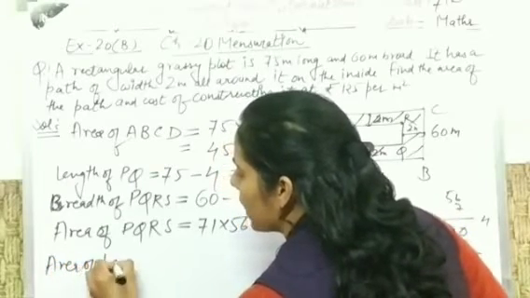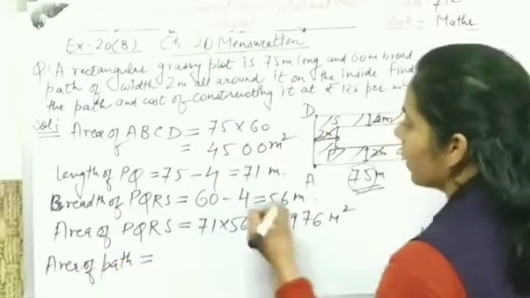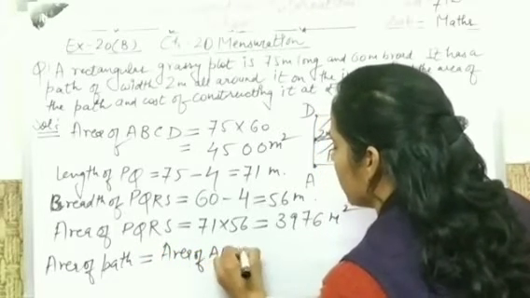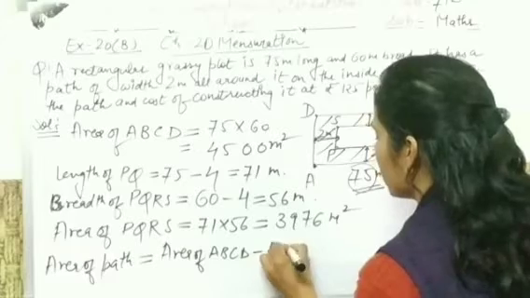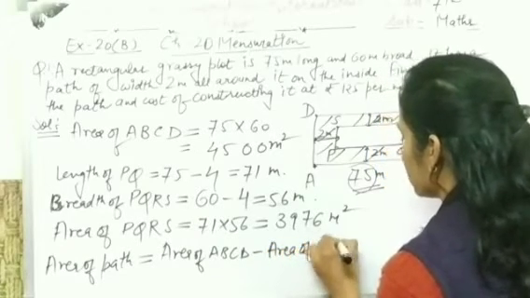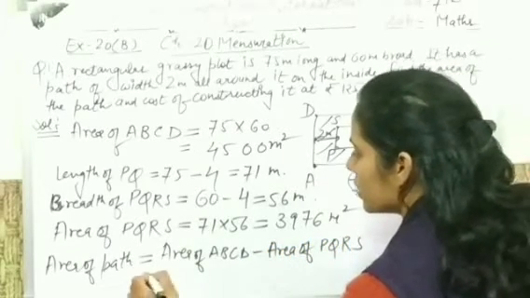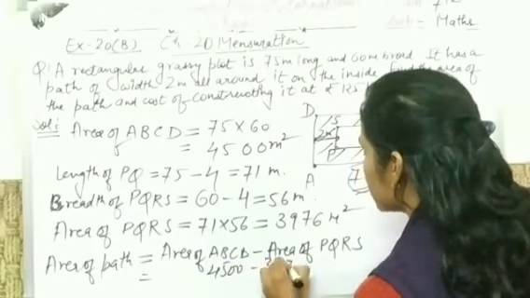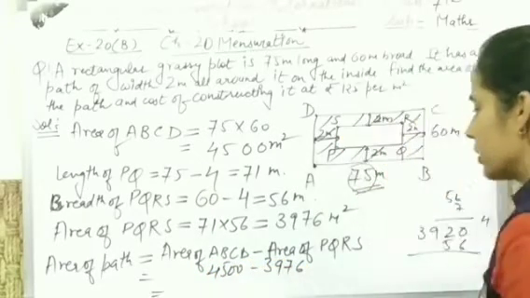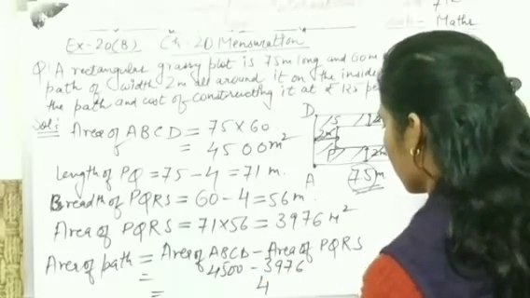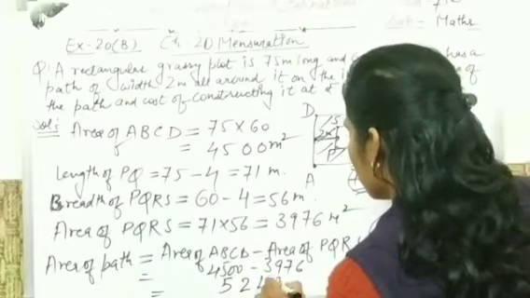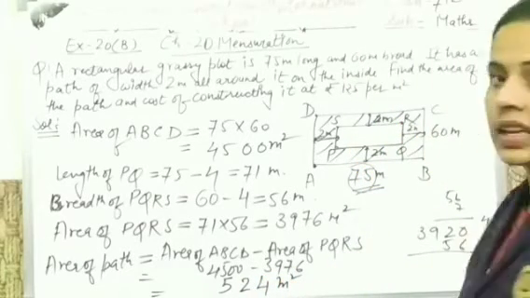So area of path is equal to area of ABCD minus area of PQRS. When we subtract 3,976 from 4,500, we'll get 524 meters square. This is the area of the path.